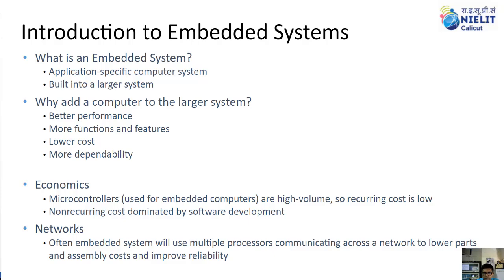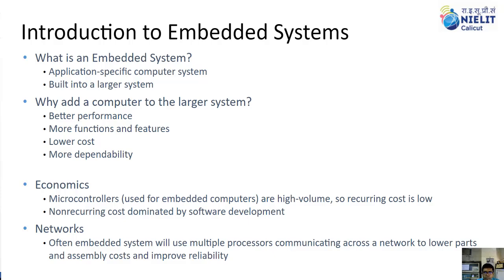dependability. And if you see the economics of this embedded system, basically microcontrollers are used for building the embedded system, or sometimes it is known as embedded computers. The recurring cost is very low compared to other high-end embedded computers, and the non-recurring cost is dominated by software development.